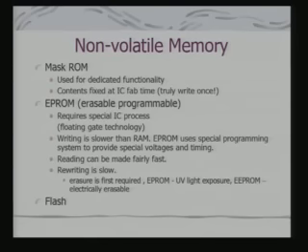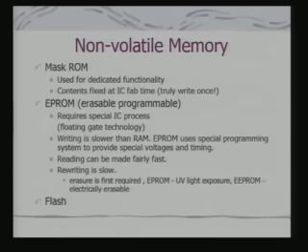Next, we have non-volatile memory. Mask ROM is typically used for dedicated functionality, and it is basically a once-programmable ROM, so contents are fixed at fabrication time itself. EEPROMs are erasable as well as programmable, and they require some special IC process because it is based on what is called floating gate technology. This is again a MOS technology.